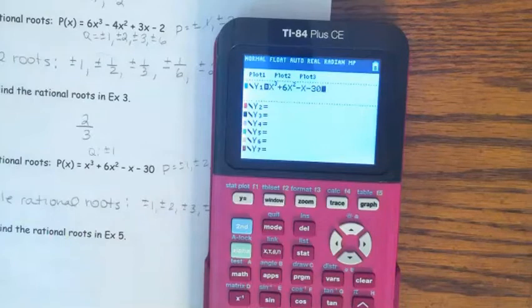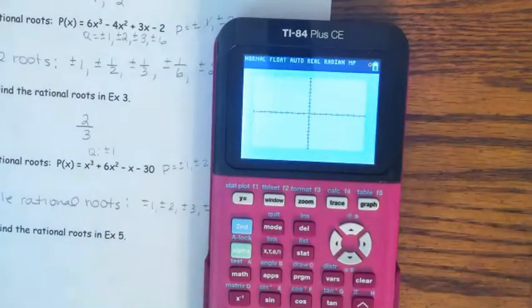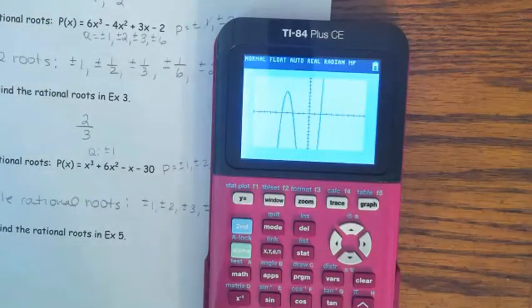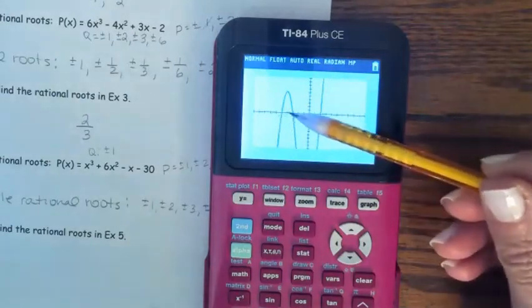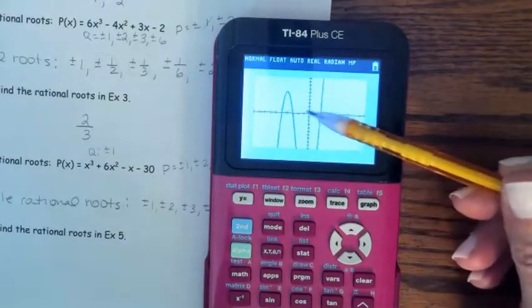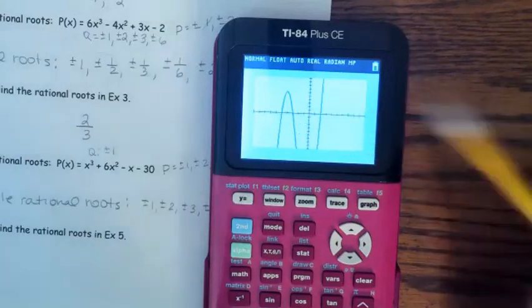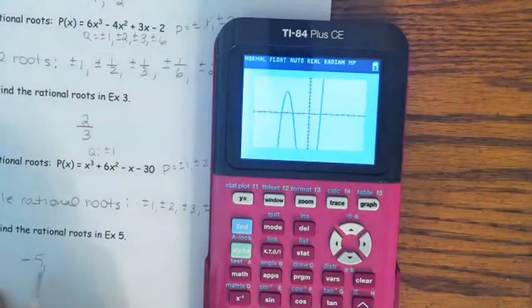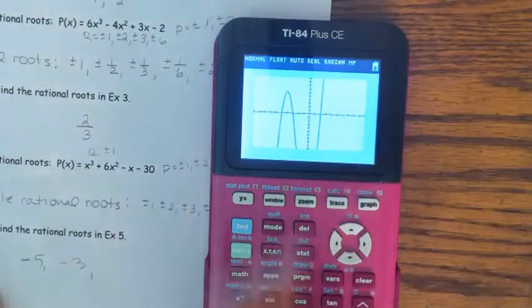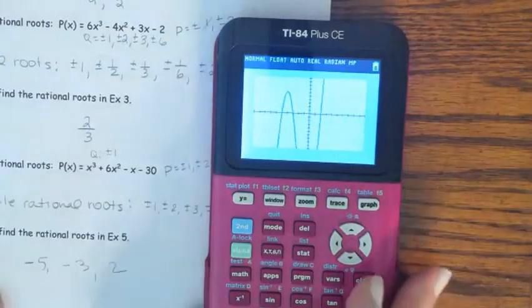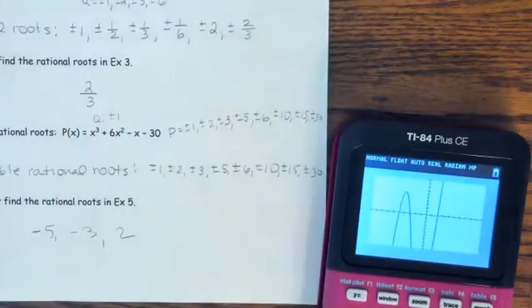So when we hit graph, the most we can see is 3. There's 1, 2, and 3. And it looks like they are all crossing at integers. So that is -5, -3, and +2. So all of those were integer roots, and integers are also rational numbers.